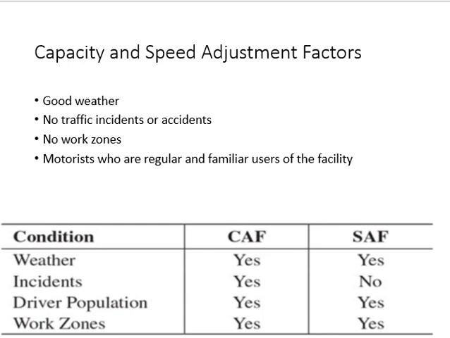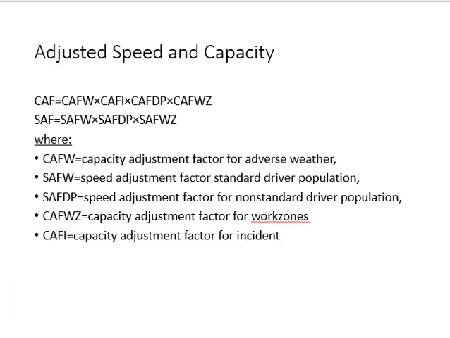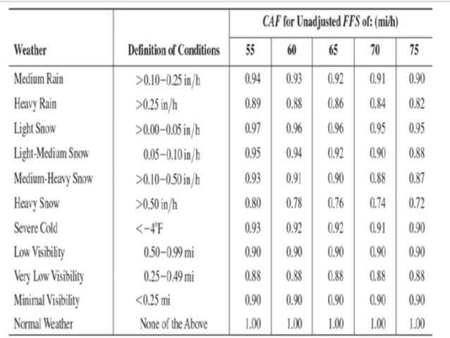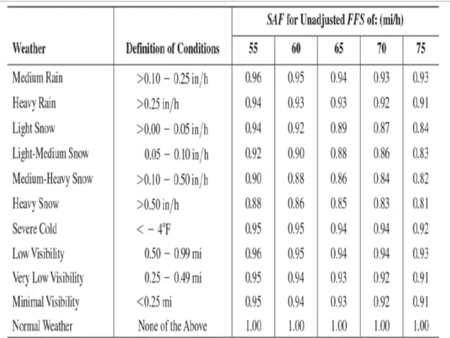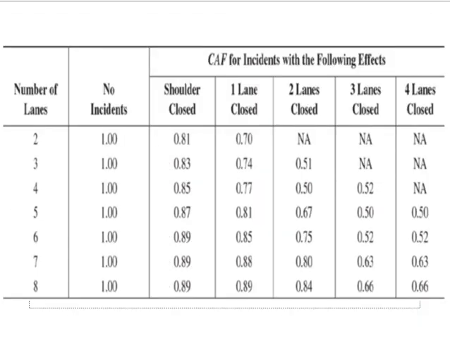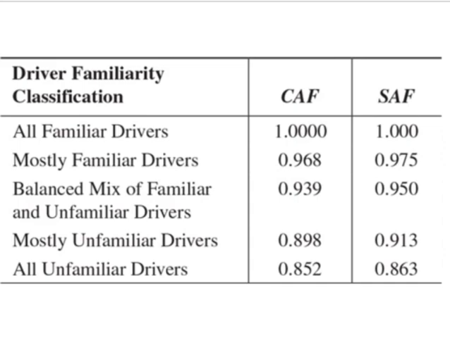All of them affect capacity and three of them affect speed. Weather, and incident only affects capacity. Then we have driver familiar or not familiar, which affects both of them. And the fourth one, which we will calculate after this, is the work zone.